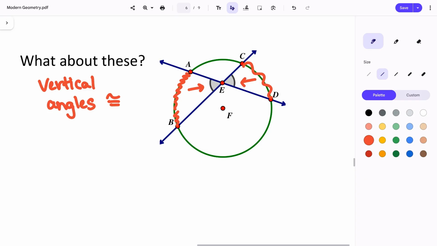The one on the left, to me anyway, seems to be a little bit more of an arc than the other one does on the circle. So I don't think we can say that just because you have vertical angles that they would be the same. It's maybe even more apparent on this side. If we're looking at the other half here, I think that this arc is much smaller than this one. Would you agree? So I don't think we can say that they're equal. So let's turn our page and figure out how we deal with this situation.